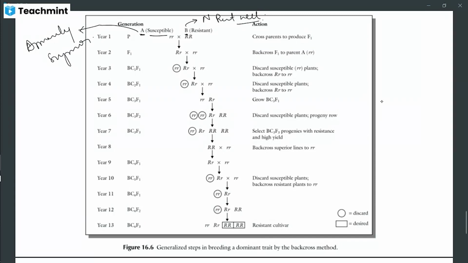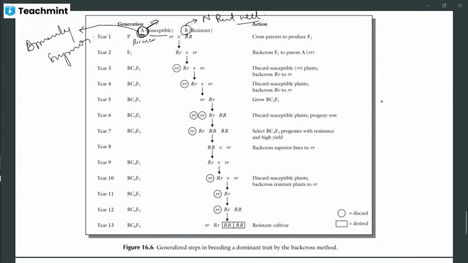So which will you use as the recipient parent and which is your donor parent? Ultimately B will be your donor parent and A will be the recipient parent. As A is the recipient parent, if you want to restore the nuclear condition of A, you will always use the A parent in the backcross process. So A parent is which parent?